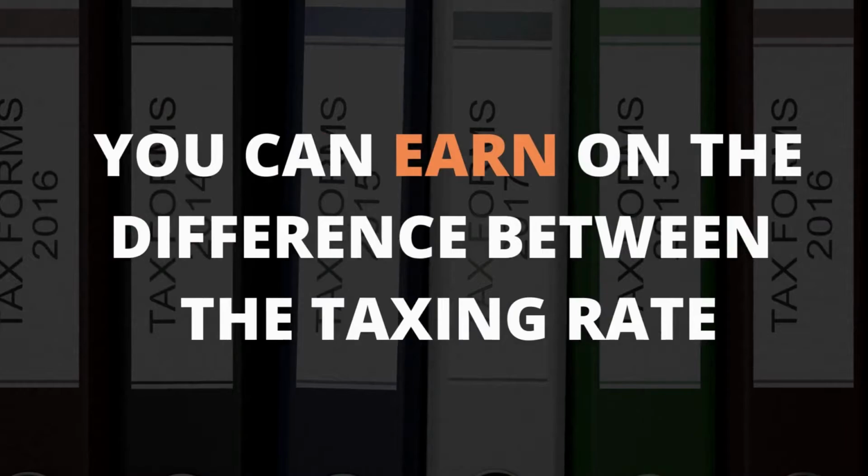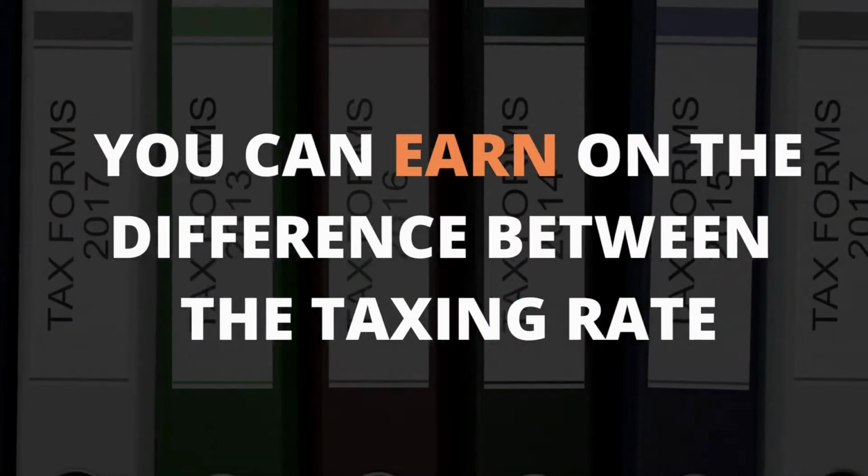So just to give you a basic understanding of the differences of the taxes, I'll give an example: in Austria, the tax that you're paying for an employee is 52%, in Netherlands it's 50%, while in the CIS countries, in the Eastern European countries, it's much less. For example, in Russia it's 30% tax, in Georgia it's 20% tax, in Kazakhstan it's 10% tax. So you can earn on this difference between the taxing rates in different countries.